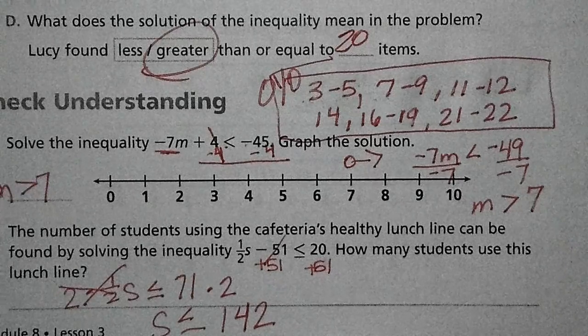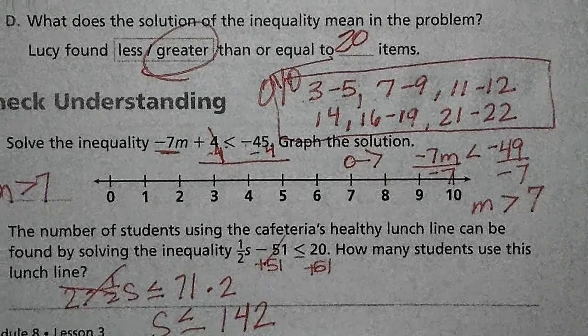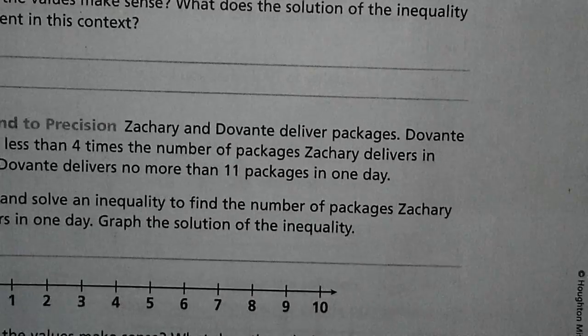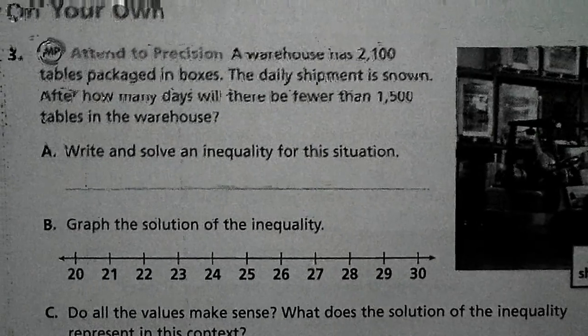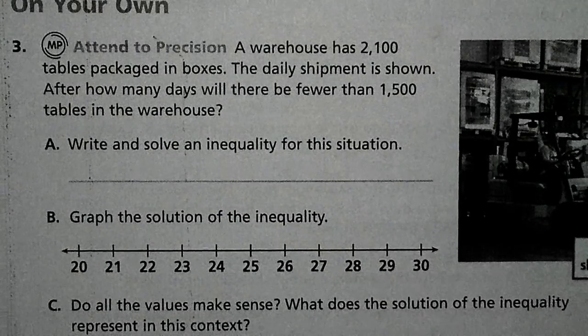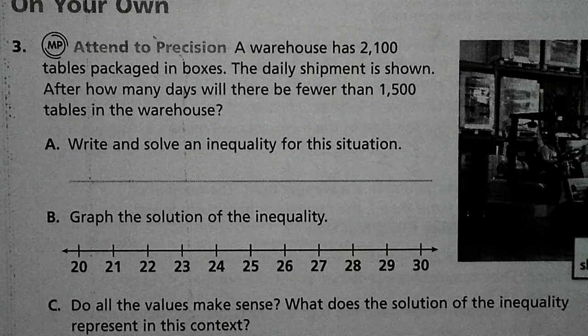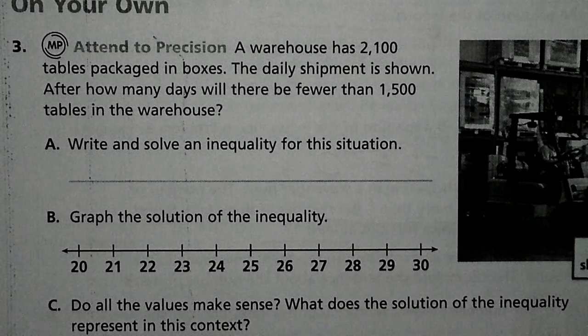I think I need help on 3A. All right, so 3A says a warehouse has 2,100 tables packed in a box. The daily shipment is shown. After how many hours will there be fewer than 1,500 tables?